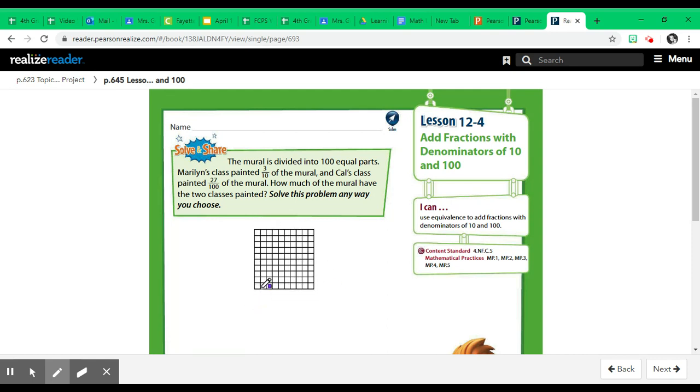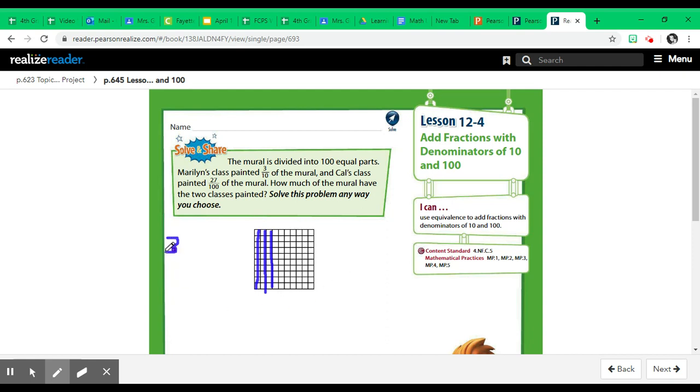So each of these columns is a 10. So I'm going to say 1, 2, 3 tenths. I've colored in 3 out of my 10 sections.